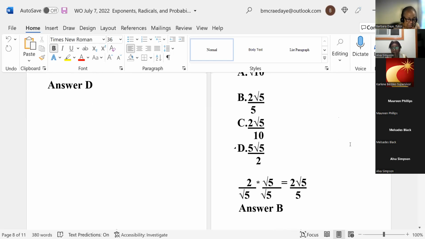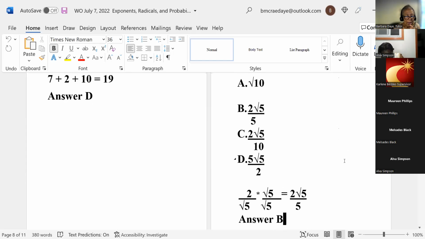Excuse me, miss. What did you do to get the 2 and the 5 on top? Remember I said you multiply the radical by both the numerator and the denominator. 2 times the radical 5, square root of 5 times the radical 5.